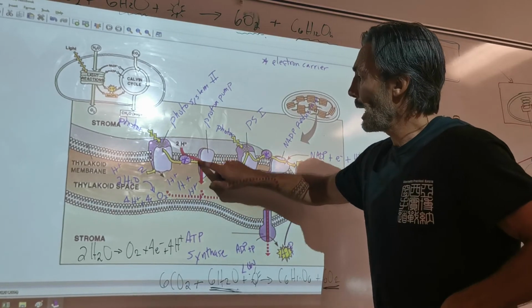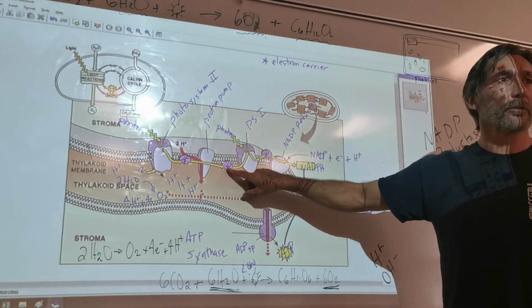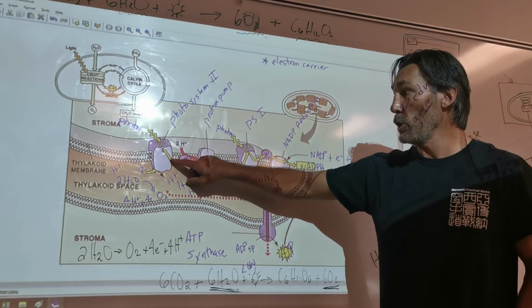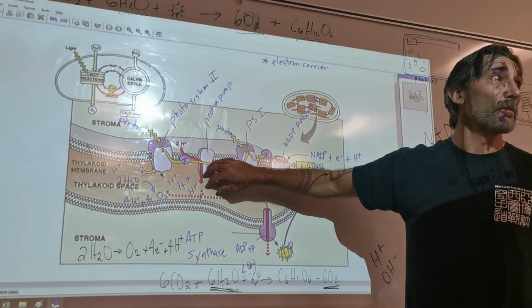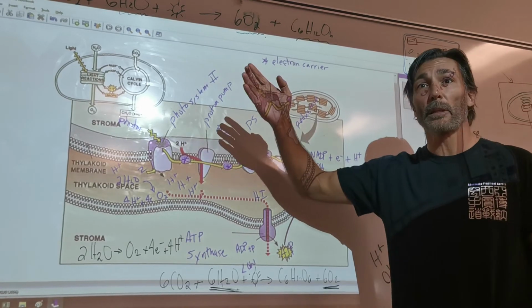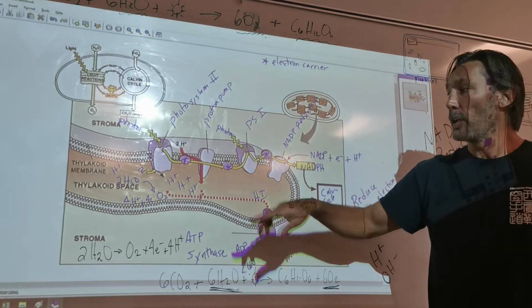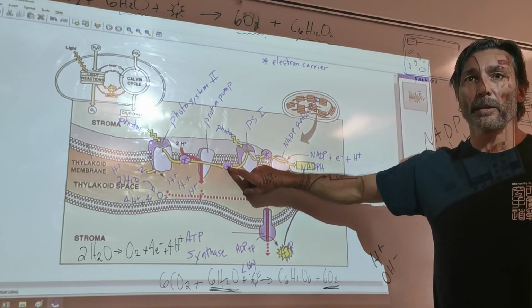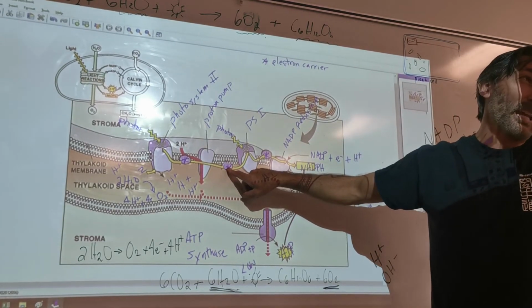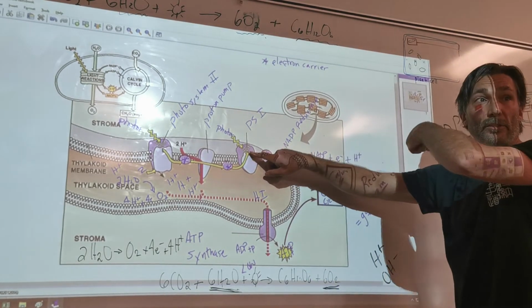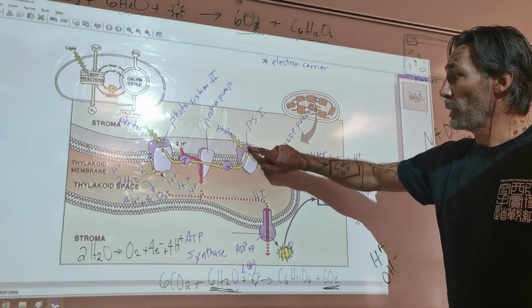Okay. And now what can we say about the energy level of the electrons? They've been used to pull some protons in. Every time the electrons go from one structure to another, they lose energy. So now this electron carrier is carrying very stable electrons. And it gives them to this photosystem, which had previously ejected electrons. So these ones have been replaced.